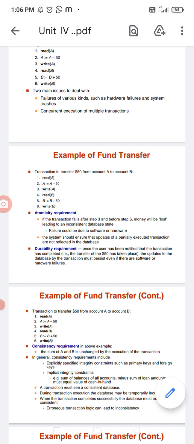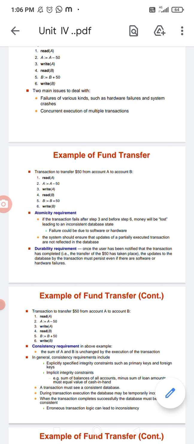Here the first is read A, second is A equals A minus 50, third is write A, fourth is read B, fifth is B plus 50, and sixth is write B. According to the database, we can't tell the user that half the work is done, right?